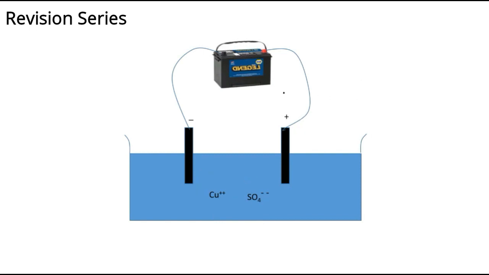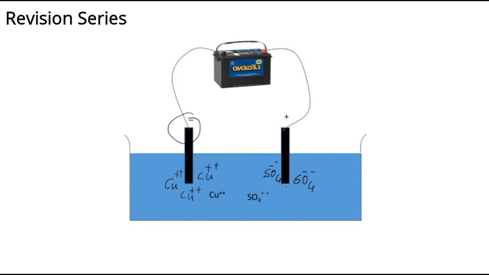After some time you will find more Cu++ attracted towards the negatively charged rod, that is the negative electrode, and all the SO4-- will be near the positively charged electrode.